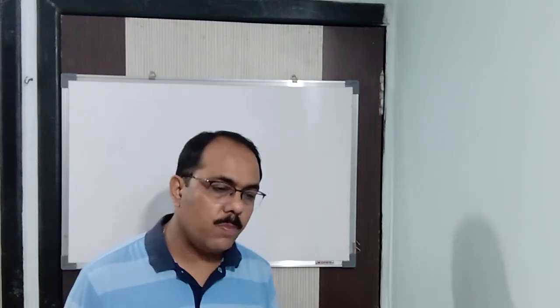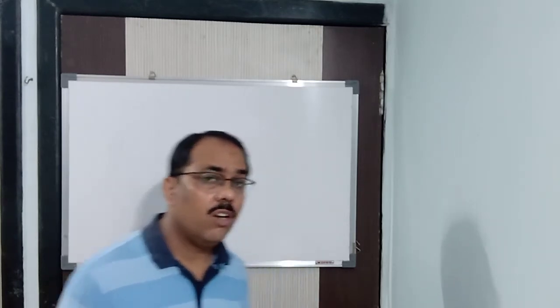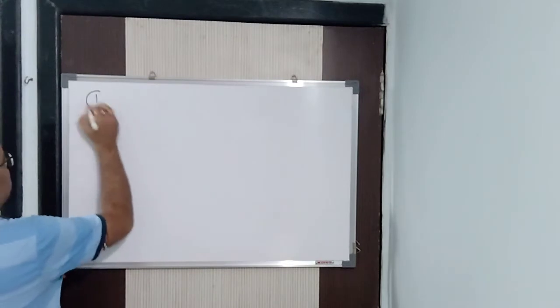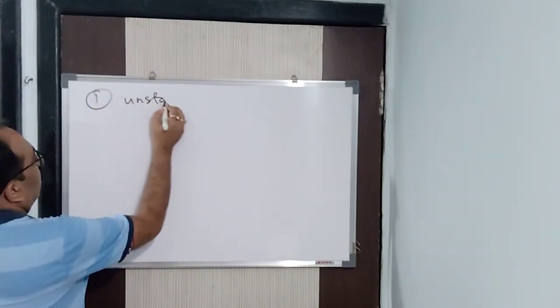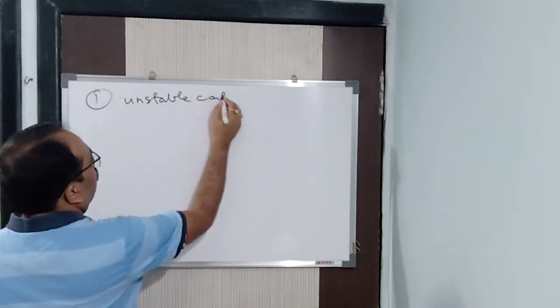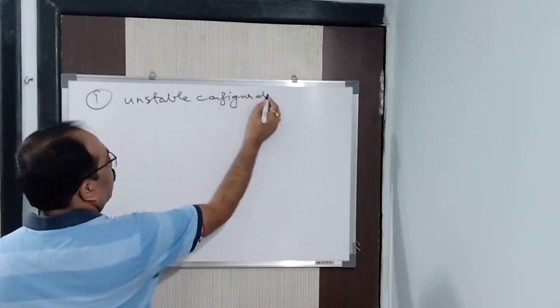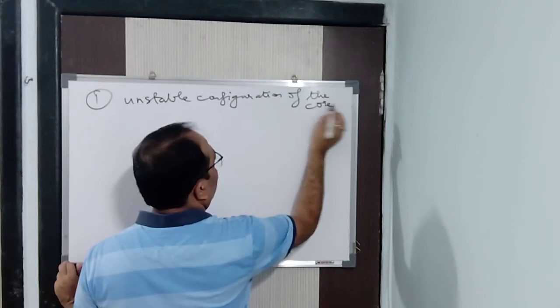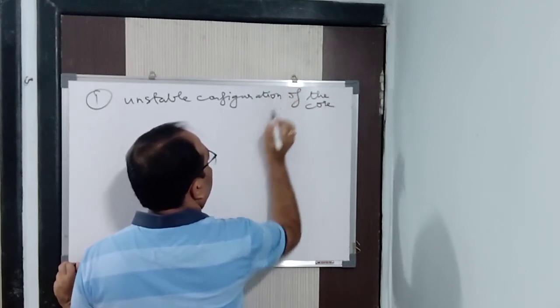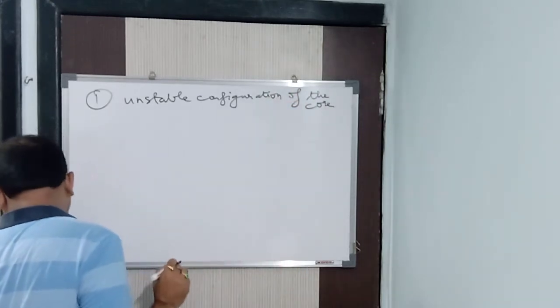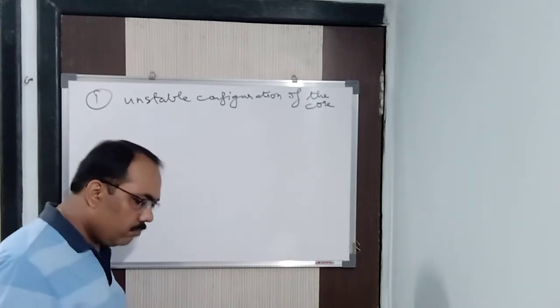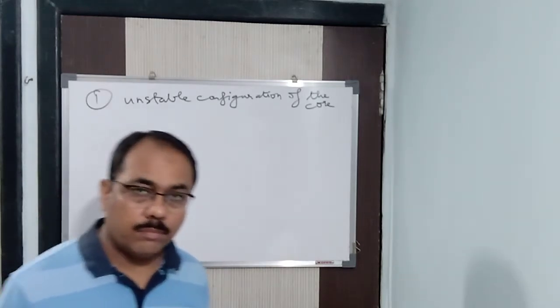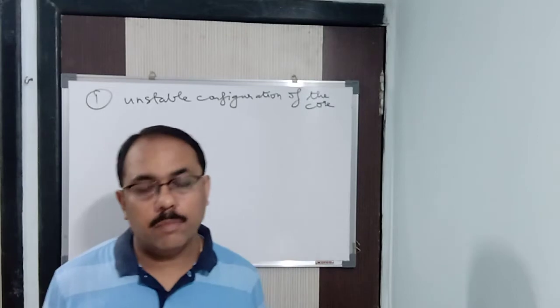Alright, the first point is unstable configuration of the core. We can say that: unstable configuration of the core. Core means the remaining atom along with the nucleus. It is unstable.